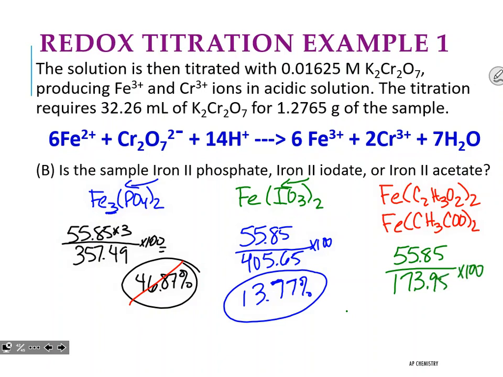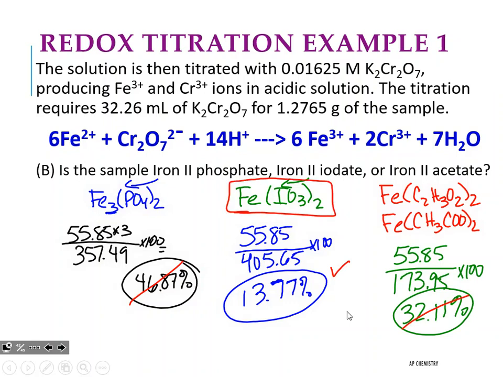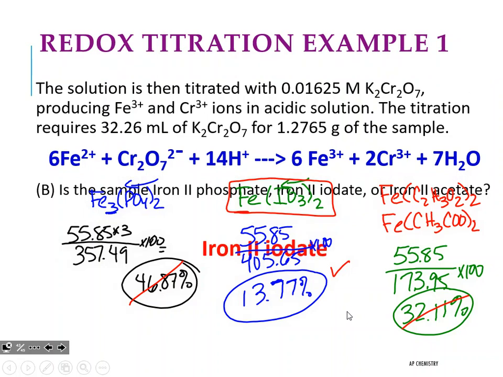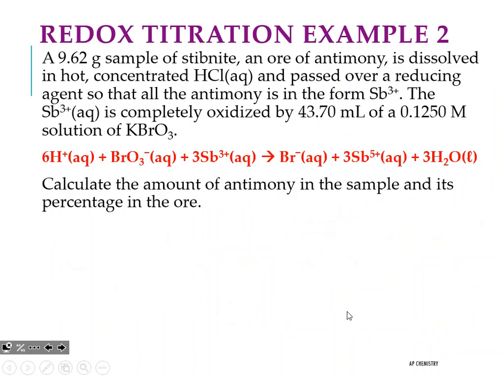Are we in agreement? Sure. Everybody agree with that number? So this ends up being 32.11%. So yes, this one's definitely not a winner. So check, our substance is going to be iron 2 iodate. Now, your turn. Have fun.